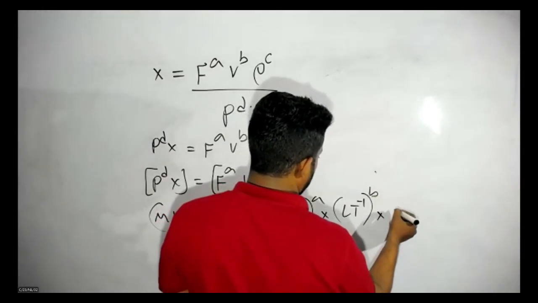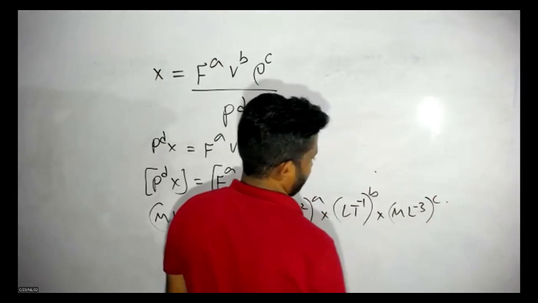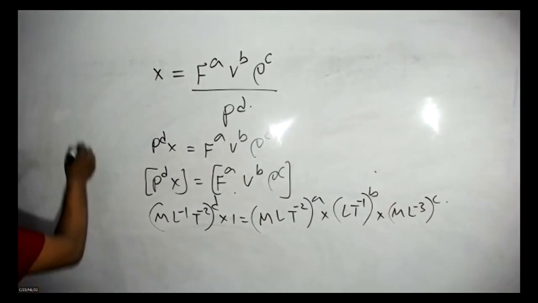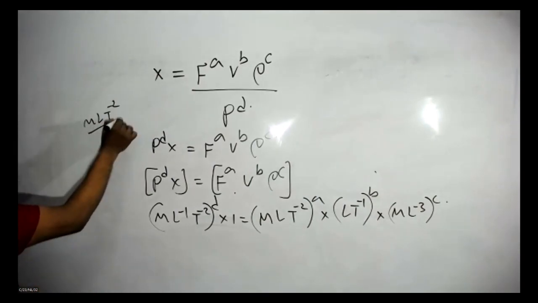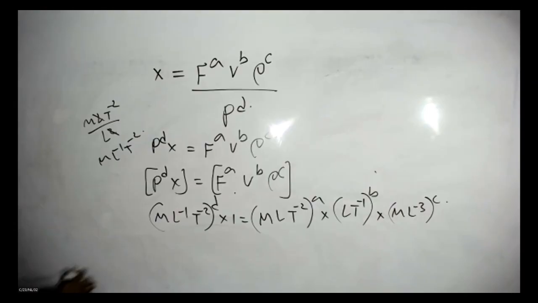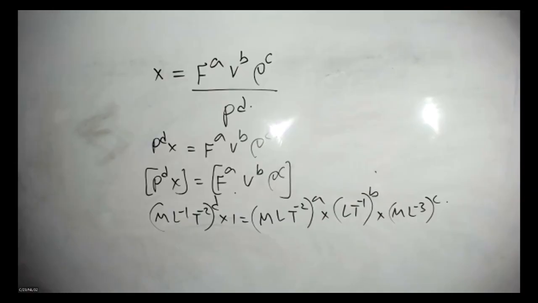Dimensions of density rho is M L to the power minus 3, to the power c. Dimensions of pressure is force divided by area, M L T to the power minus 2 divided by L squared, which gives M L to the power minus 1 T to the power minus 2. You should remember the dimensions of these terms.